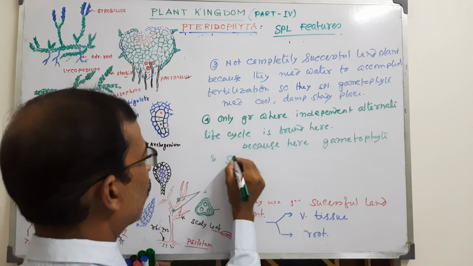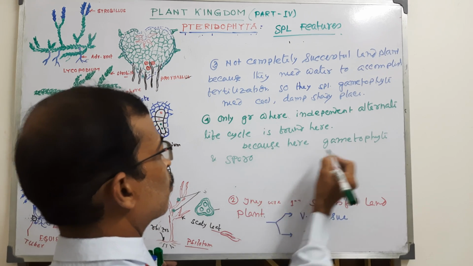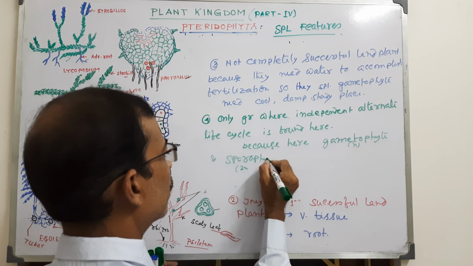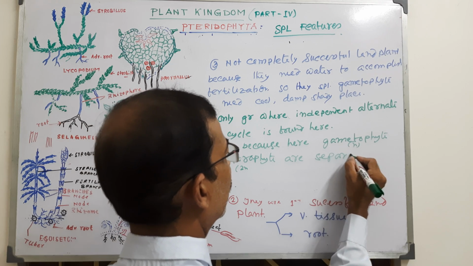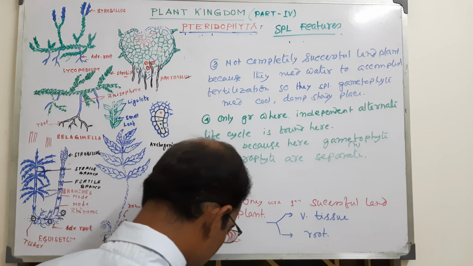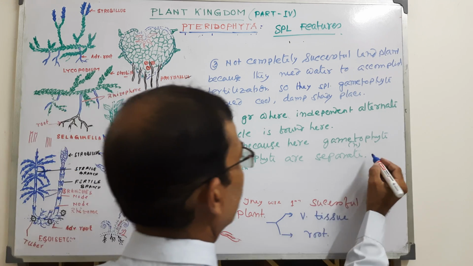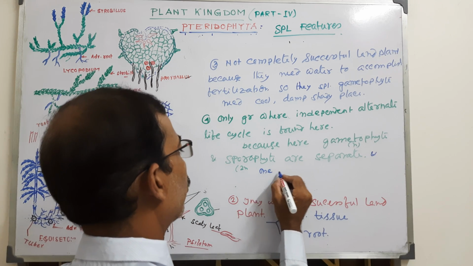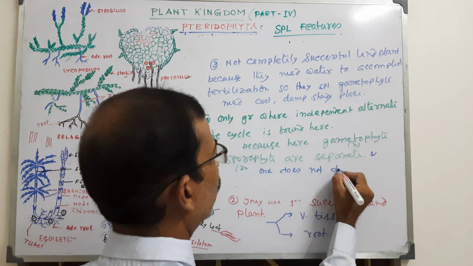and sporophyte are morphologically different and separate, gametophyte that is haploid and sporophyte that is diploid. They are separate and one does not depend on another one.